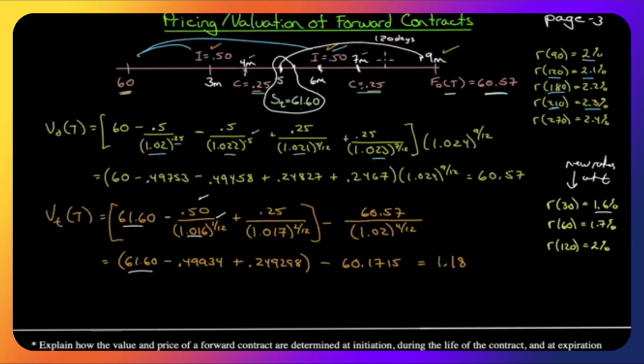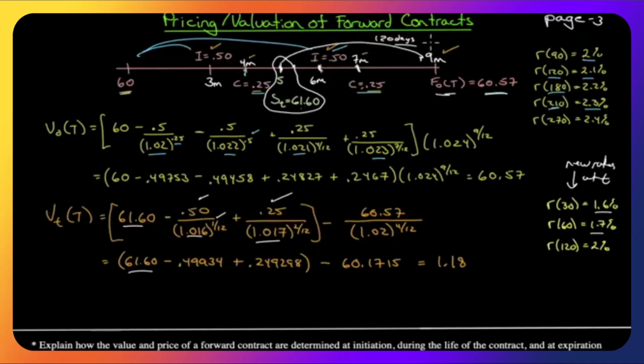Looking forward, there's no other income. We're done with the income. Looking forward, month 7, we have a cost of 25 cents. Since it's a cost, we're adding it. From month 7 back to month 5 is 2 months. That's 60 days. We need a 60-day rate, 1.7, to the power of 2 over 12. Now we've collected all these terms. We're ready to subtract the forward price. This is 4 months away, which is 120 days.